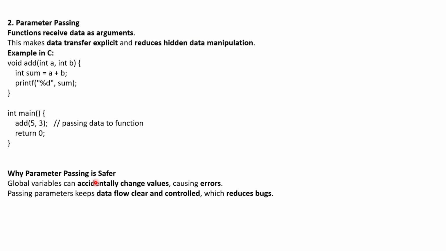Why is parameter passing safer? Because global variables can accidentally change value, causing errors, while passing parameters keeps data flow clearer and controlled, which reduces bugs. We directly give the value in the parameter, and we get our result directly.